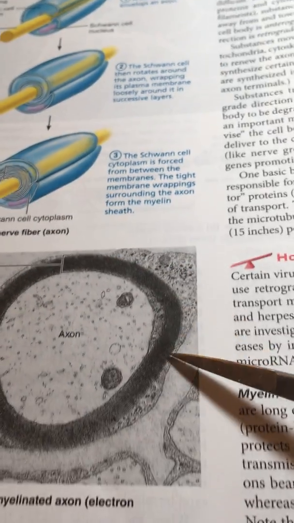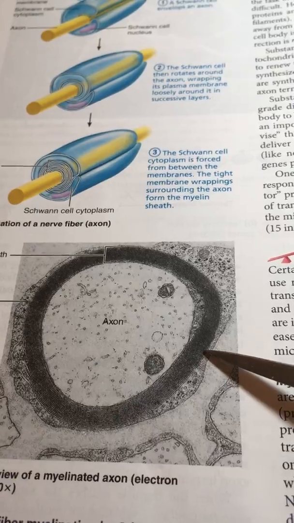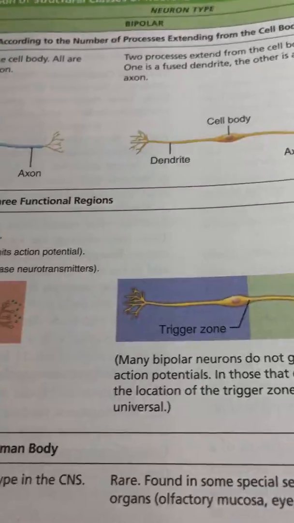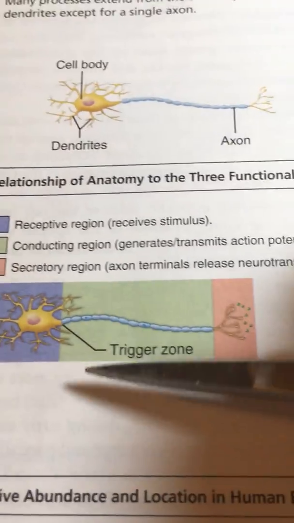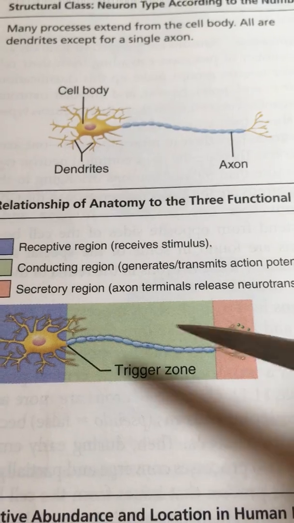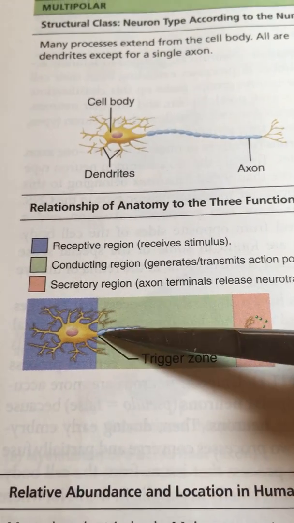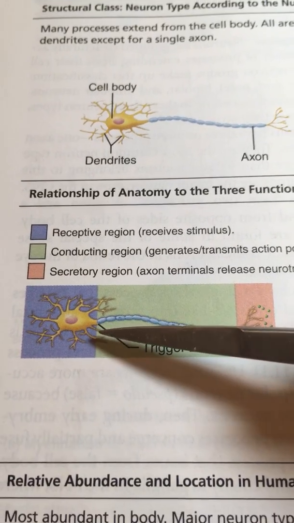And then finally, here's the photomicrograph of that situation. Okay. Then we're looking at various kinds of neurons. Here's the multipolar neuron that has all of this dendrite incoming information here.